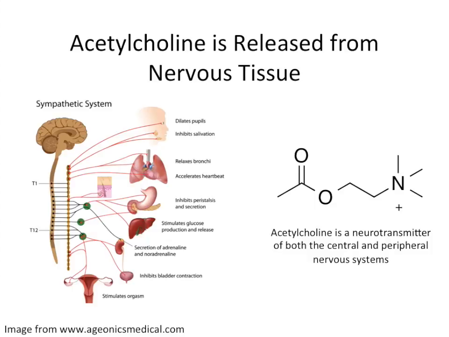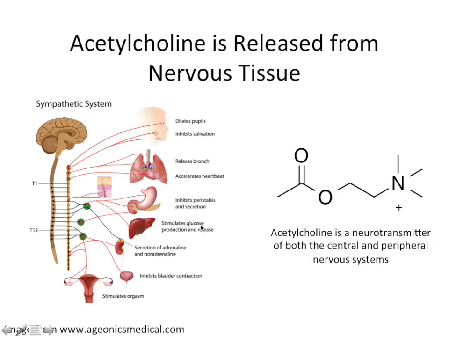But you can just see here a summary of the sympathetic nervous system. You have the spinal column coming down here, so you have the primary nerve that's connected to all these things: pupil dilation, salivation, relaxation of the bronchi in the lungs, heartbeat acceleration.